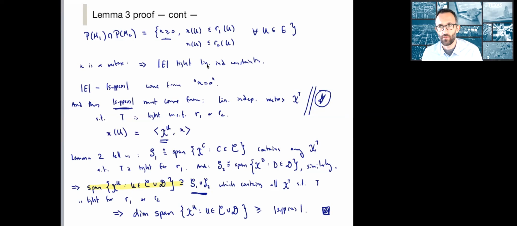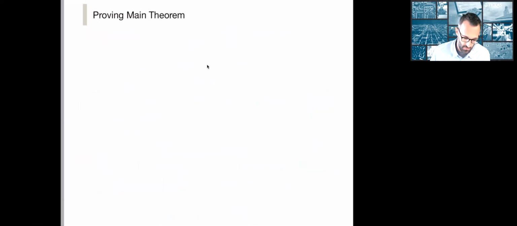Okay, so now we have the basic tools in place so that we can prove the theorem by induction. So we prove the main result about this polytope by induction.